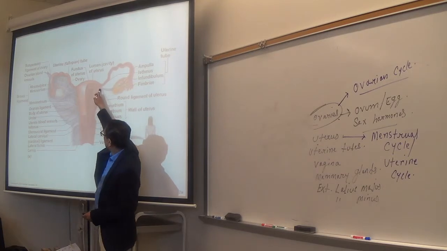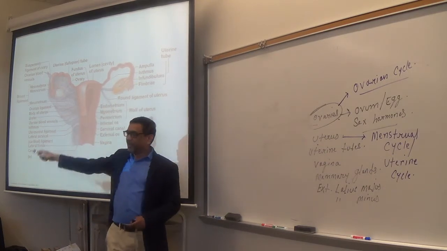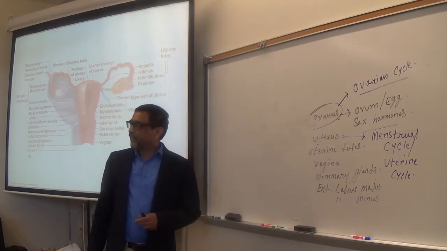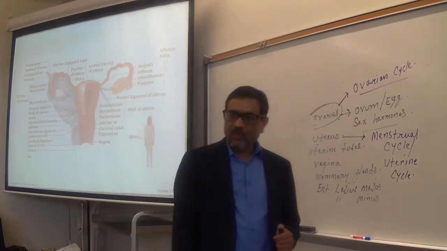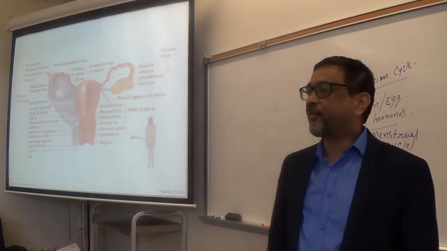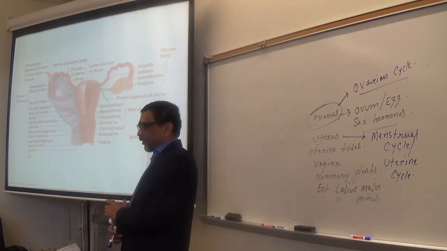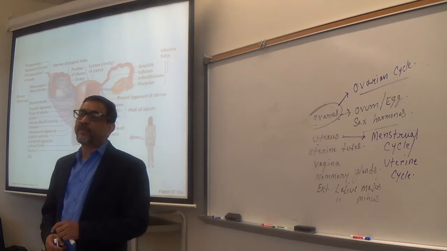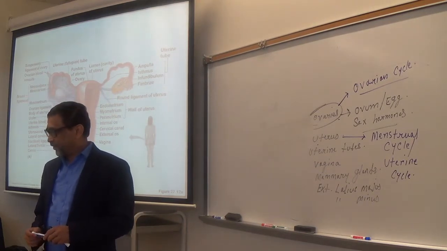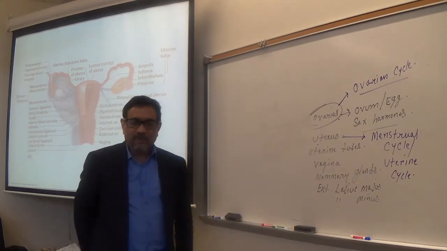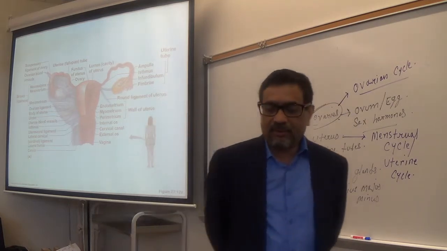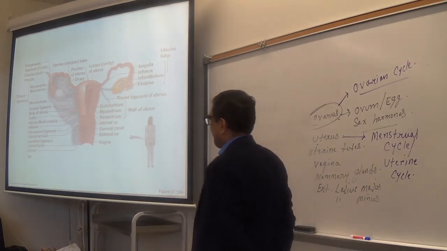This one. The round ligament connects the uterus to the labia majora. So it goes all the way down to the back or posterior of the labia majora. Okay? So uterus to the back of the labia majora.